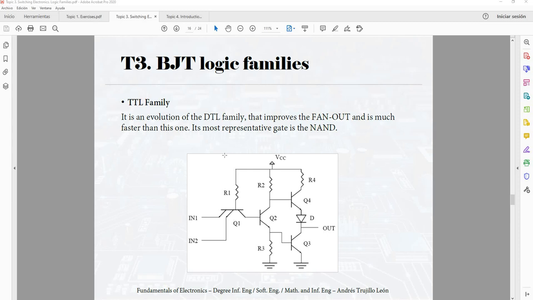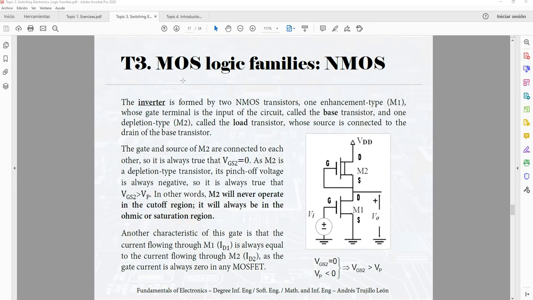We are not going to see this family deeply, because we are more interested in families based on MOSFET transistors.